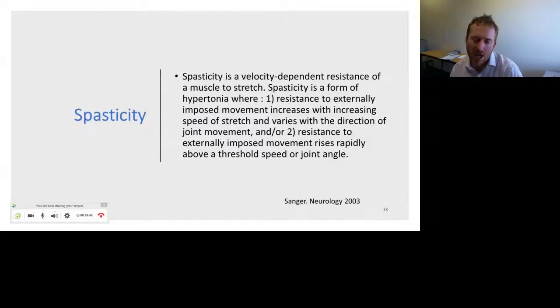And there's also an element of this, the catch and release, which I'm sure you'll all be very familiar with, where rapid movement results in a catch, which is not present at a lower velocity, and also is overcome by ongoing movement through that passive range.